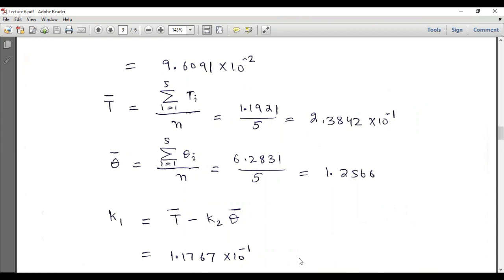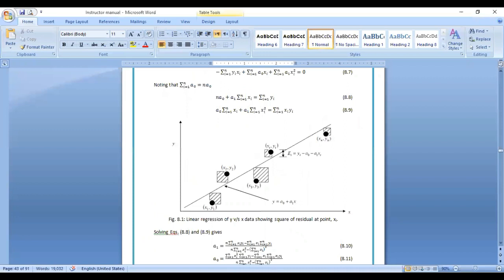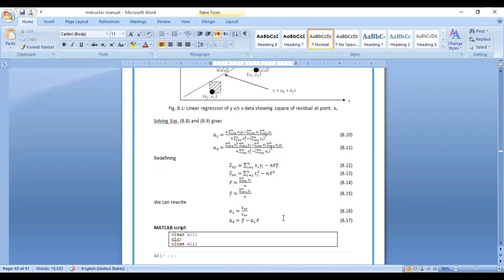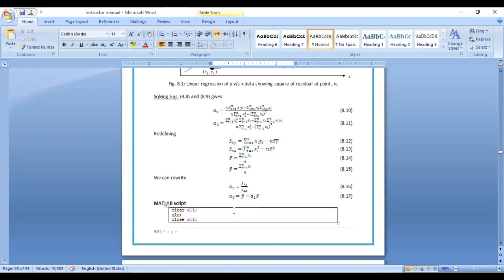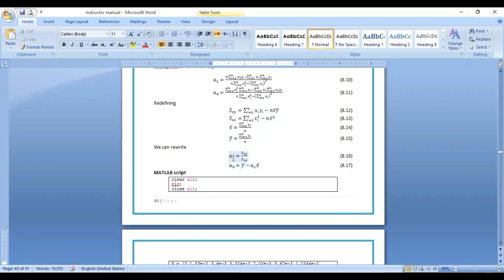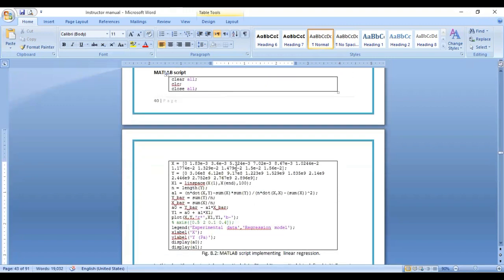We can also check the suitability of this model on top of the experimental data. In this manual, you can see the derivation again, and this is the same set of equations which have been used to evaluate a naught and a1, and these values can be calculated using the MATLAB script.